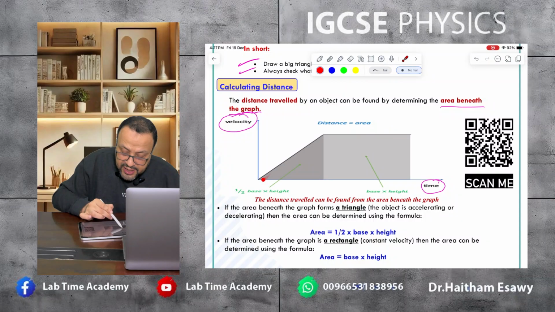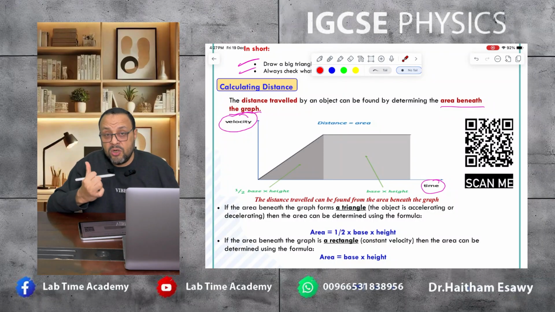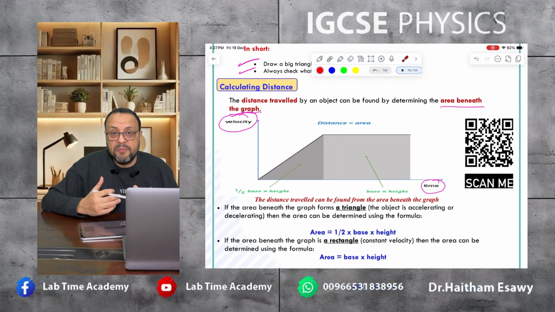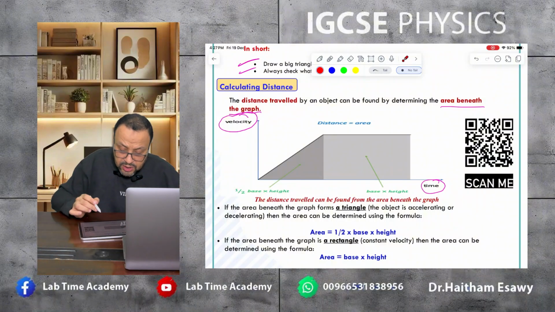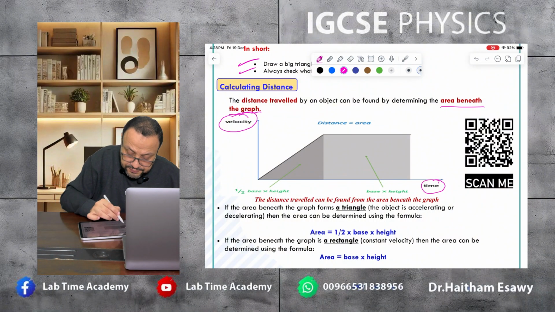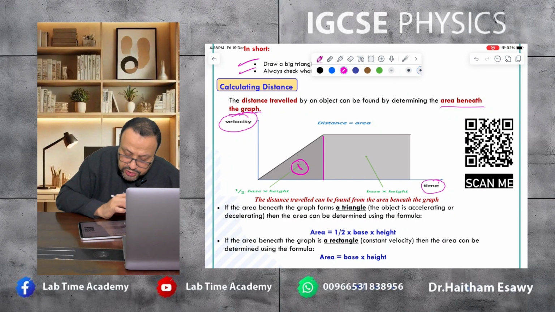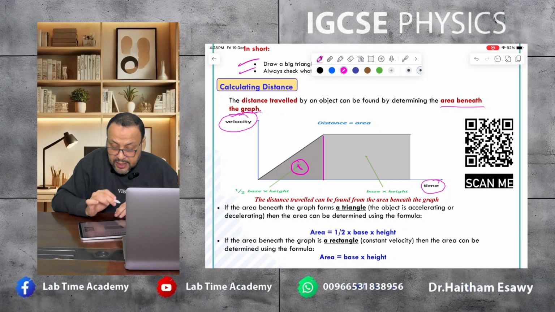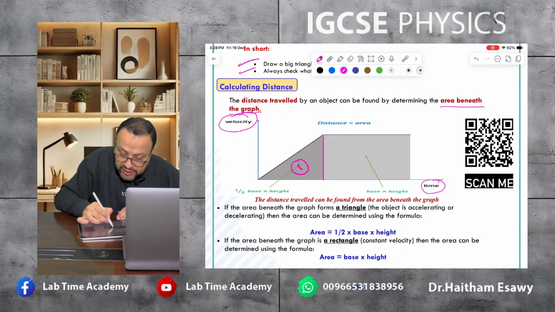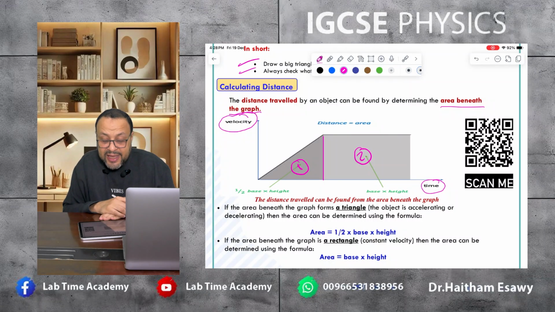We can divide this graph into two regular shapes to get their areas. You remember how we get the area? By using a mathematical formula. So here I can just draw the vertical line. Now this first shape is the triangle, and the second represents a rectangle.